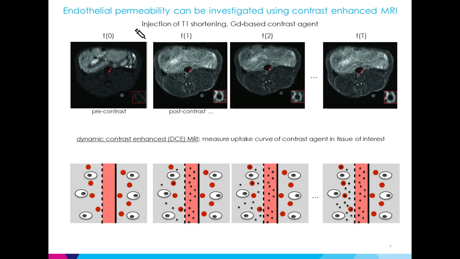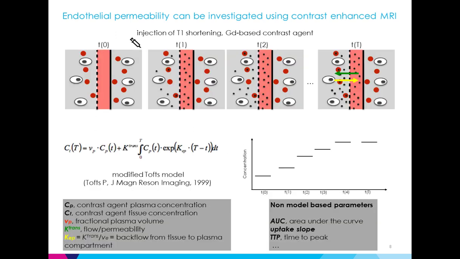This is depicted in a similar schematic representation to what you saw in the previous slide, where, for example, in the pre-contrast schematic, there is no contrast agent on the left side in the permeable tissue. Immediately after or during contrast agent injection, a few contrast agent particles permeate the tissue, and more until we reach time T. This approach is called dynamic contrast enhanced MR. So it's an approach that allows measuring the uptake curve of contrast agent in a tissue of interest.